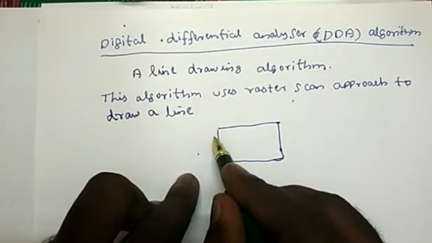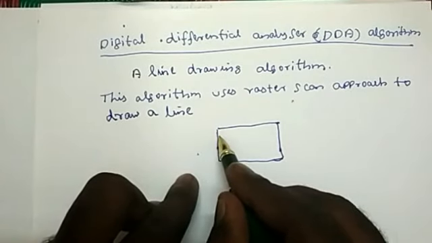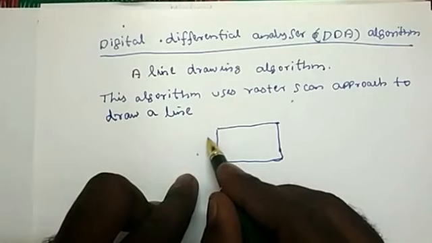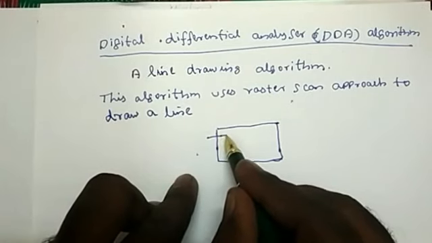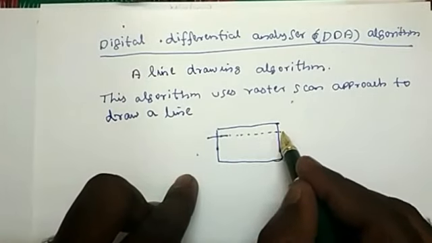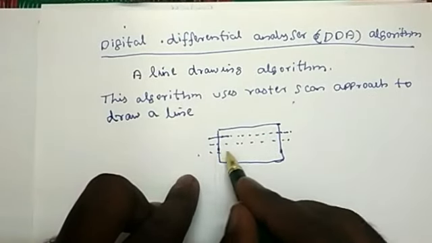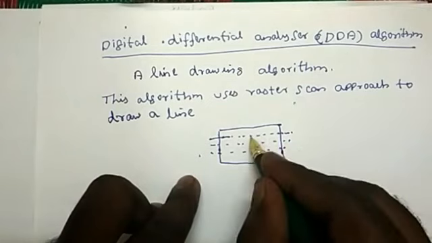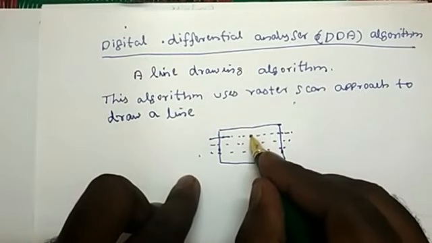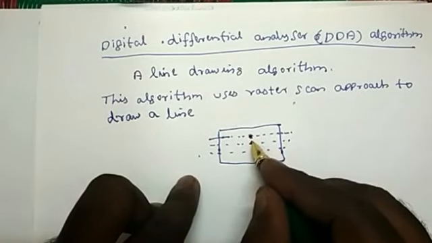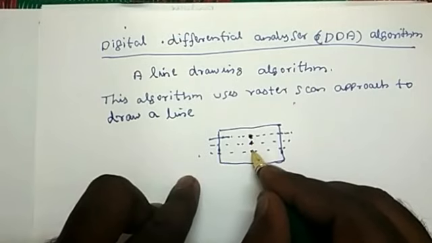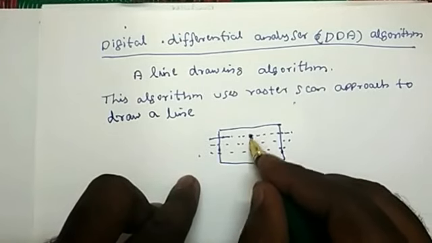Now I want to draw a particular object called 1. So I have a beam like this. This is called an electronic beam, and to make 1, this pixel should be visible, this pixel should be visible, and this pixel should be visible.